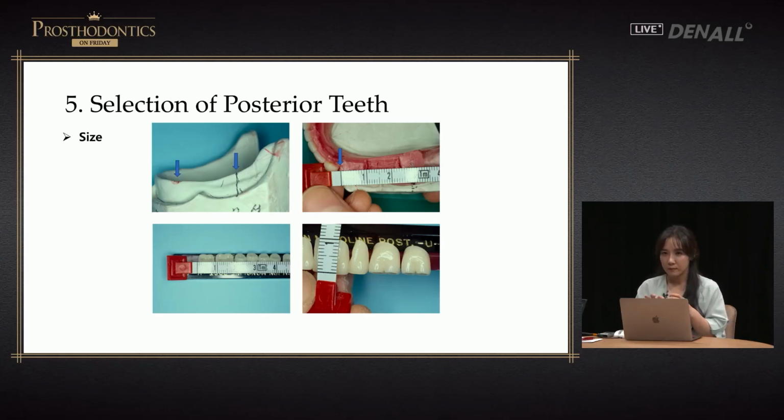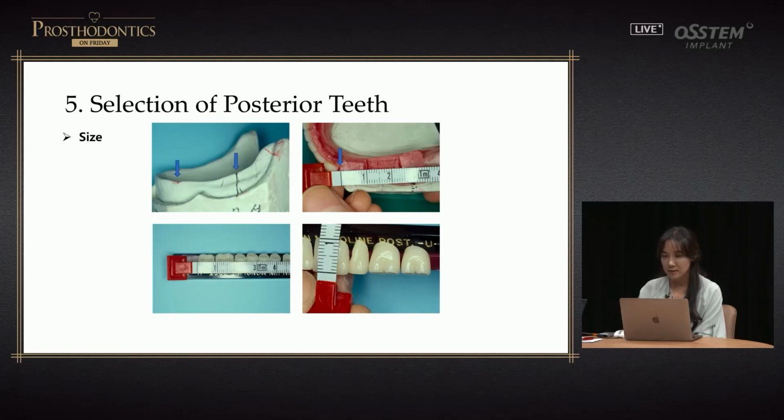Teeth should not be arranged in that inclined position, so we face a lack of space sometimes. Compared to the natural teeth, artificial posterior teeth tend to be buccolingually narrow and lingualized, reducing the occlusal force delivered to the residual bone. They are designed to enhance the stability of dentures.